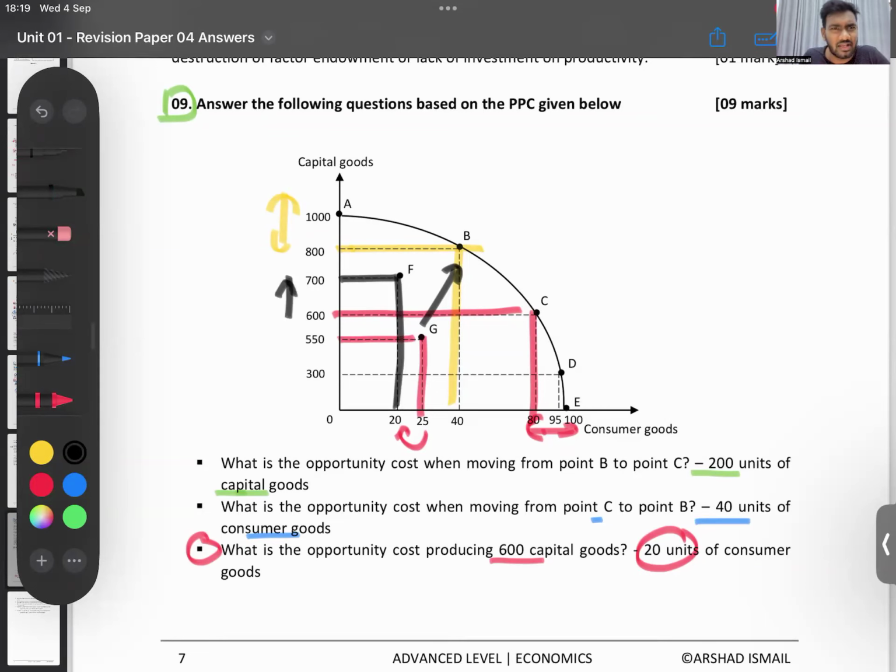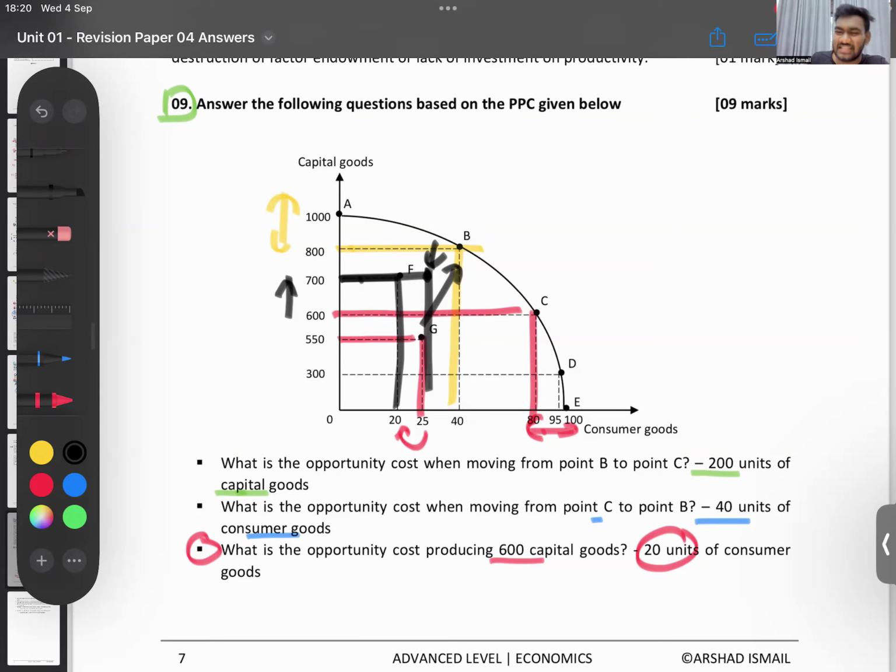Does it have to happen, Lavan? No, right? Because you can even produce at this point. You can increase the production of capital goods even without sacrificing your consumer goods. That's why we say there is no opportunity cost.